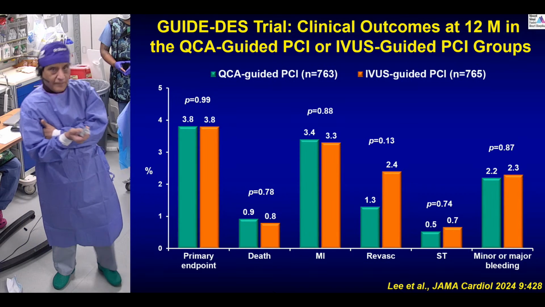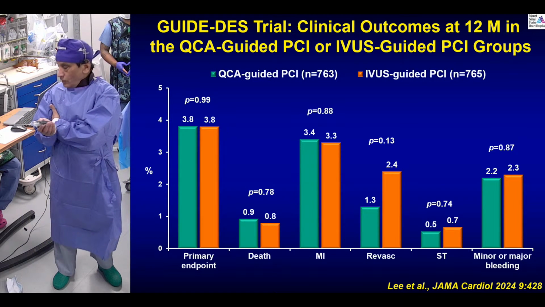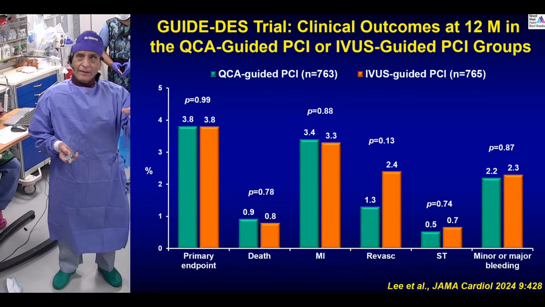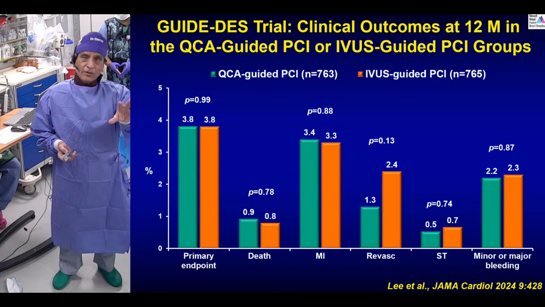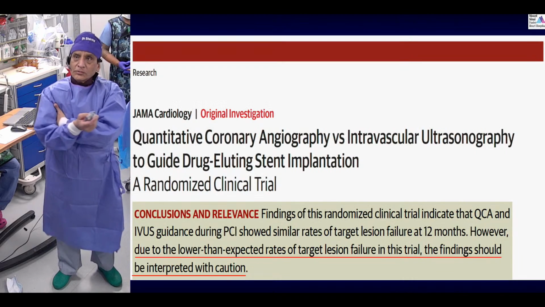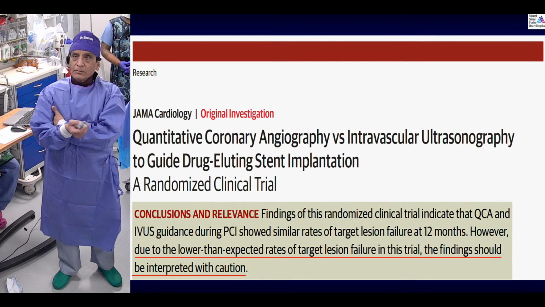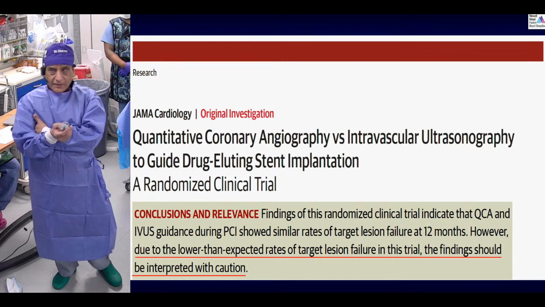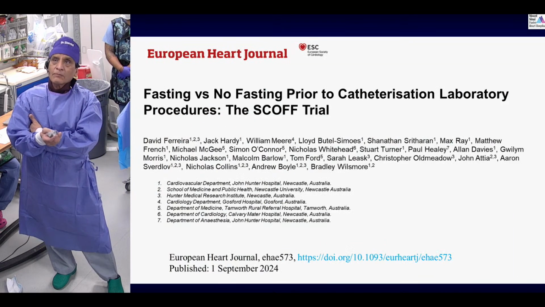So QCA is coming up as good as IVUS. Same thing as you remember the QFR, the angiographic FFR. Those also have become equal. But this one, they say, had a lower than expected target lesion event rate, so this may not be really understandable.